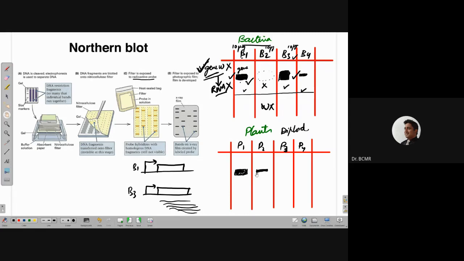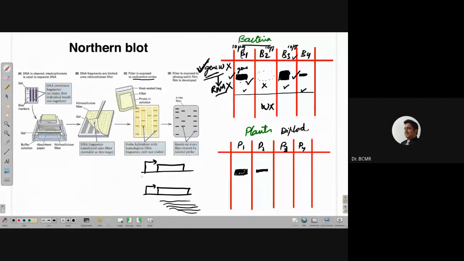What could it be? It could usually be because one of the allele is functional, but the other allele is non-functional. So what could happen is that, I'll try to erase this and write.